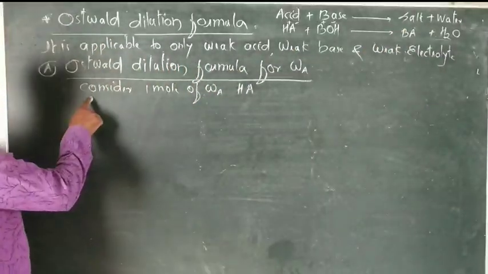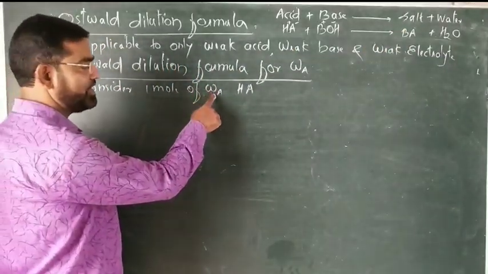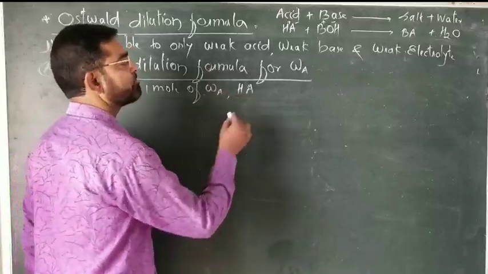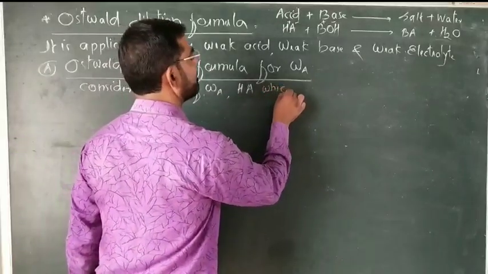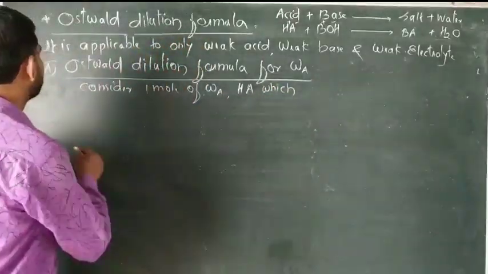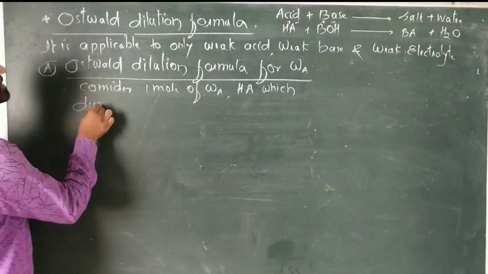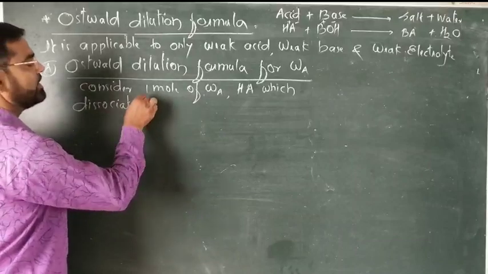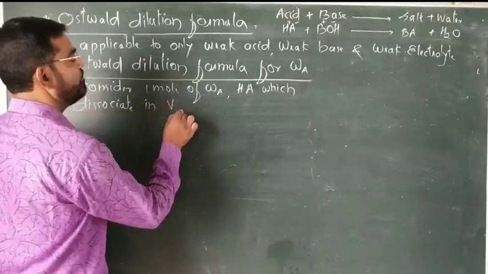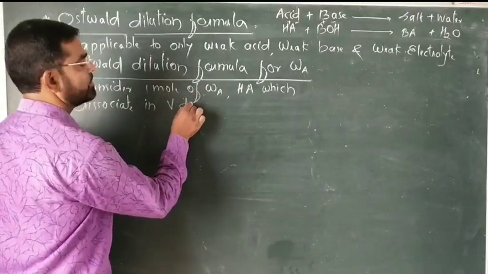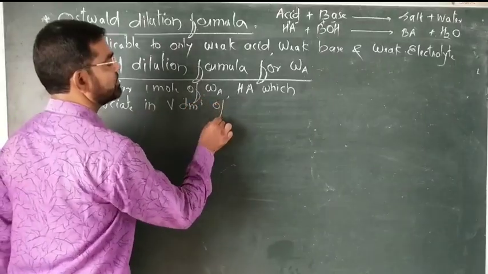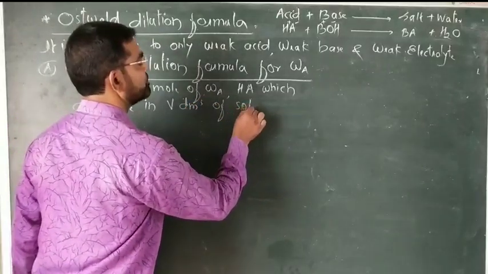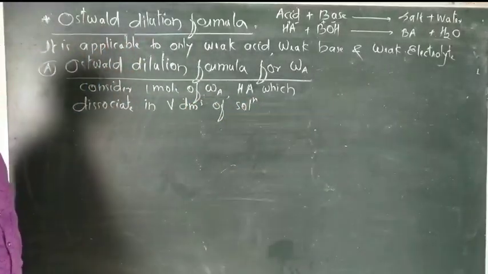So consider 1 mole of weak acid HA which dissociates in V liter, cubic decimeter, of solution.